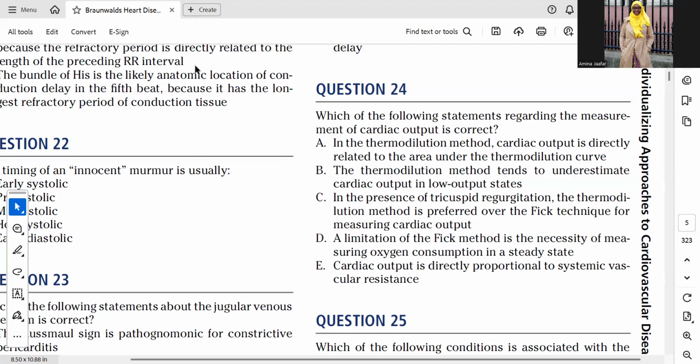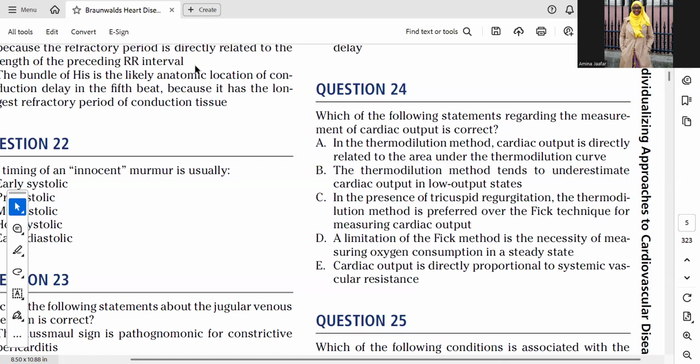Then option B, the thermodilution method tends to underestimate cardiac output in low output states. This is also false. In low output states, as the substance, whether it's saline or dextrose, is moving from the right atrium to the right ventricle to the pulmonary artery, because there is a low output state, it takes up time.